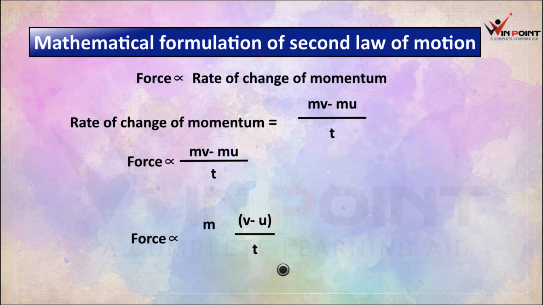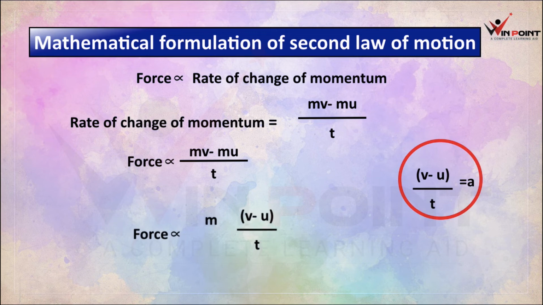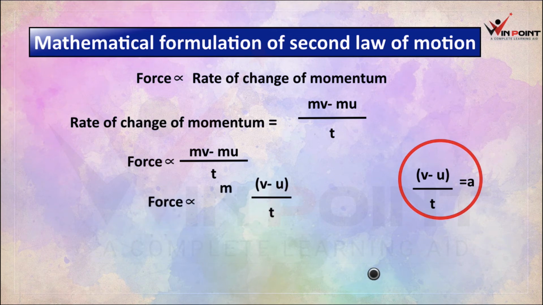You are familiar with this term, (v minus u) by t, it is acceleration. Then we can substitute a instead of (v minus u) by t. It will be force proportional to ma.